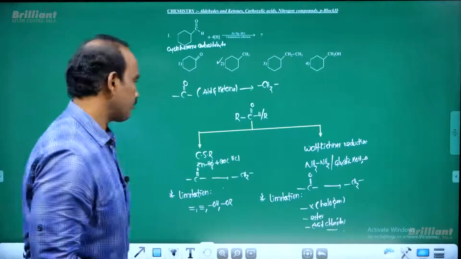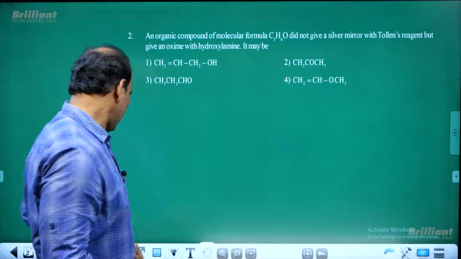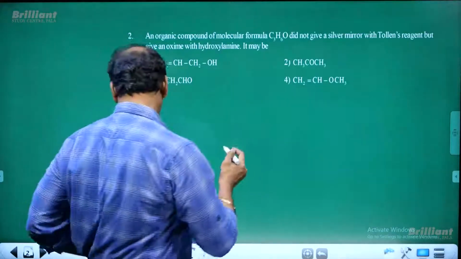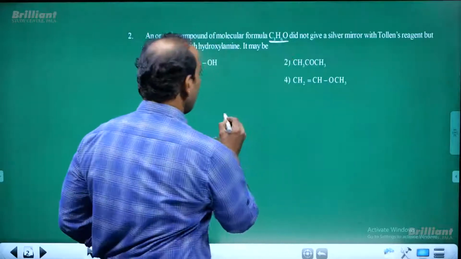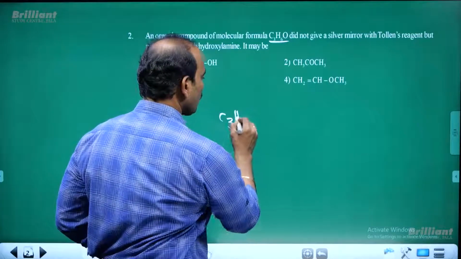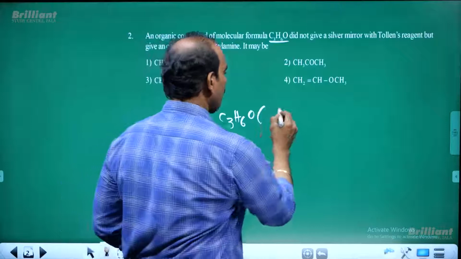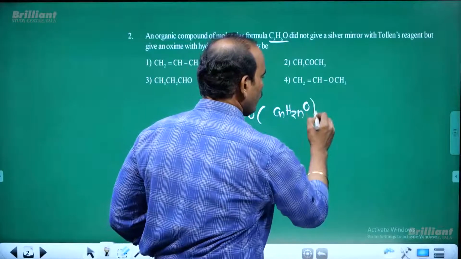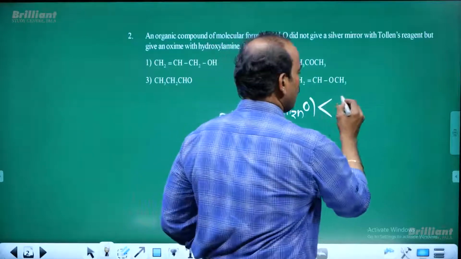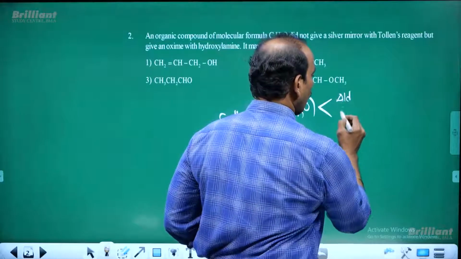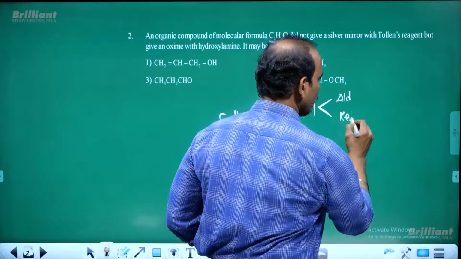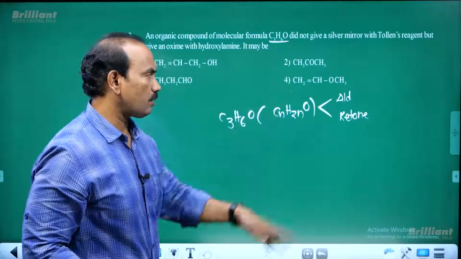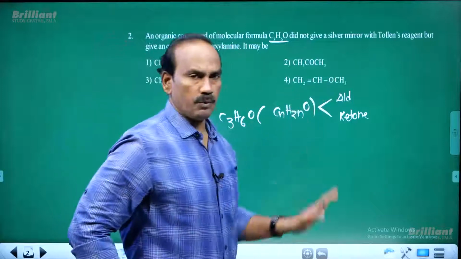Clear? The next one. Second one, an organic compound formula is C3H6O. That is CnH2nO. It may be aldehydes or ketones. It may be enol forms or ethers also possible here.